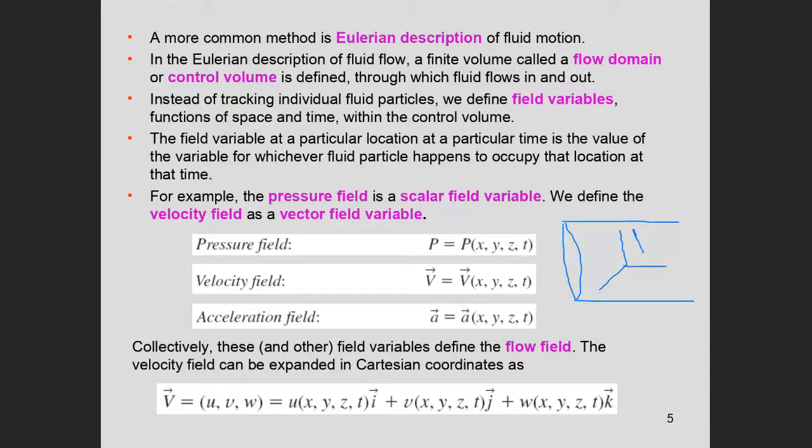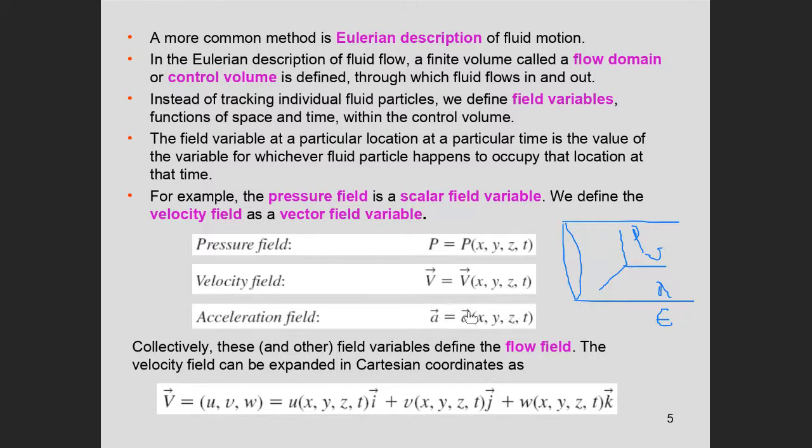Right? Now, when we talk about field variables, gentlemen, we talk about the main variables that control this flow. We have the pressure, we have the velocity, we have the acceleration, we have the energy as well. When you go to masters, you will talk about energy. Now, if you talk about the pressure inside this pipeline, the pressure is a function of X, Y, Z, and what, guys? And the time. Similarly, the velocity.